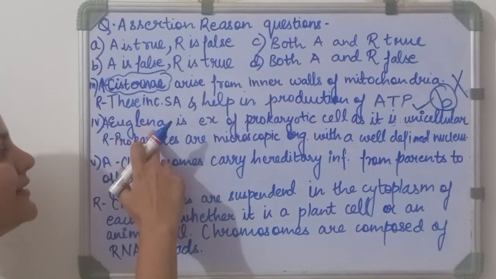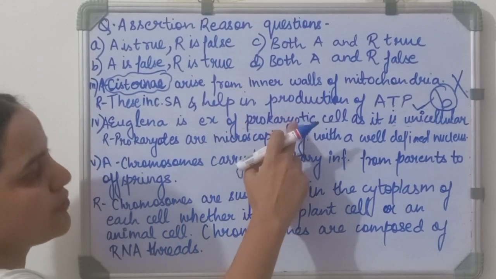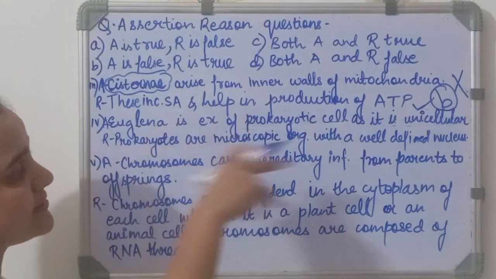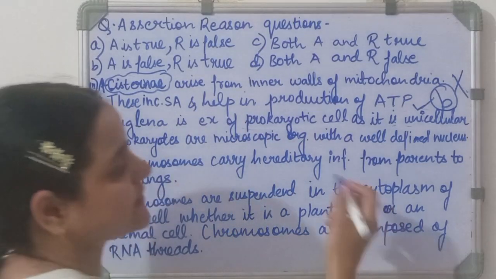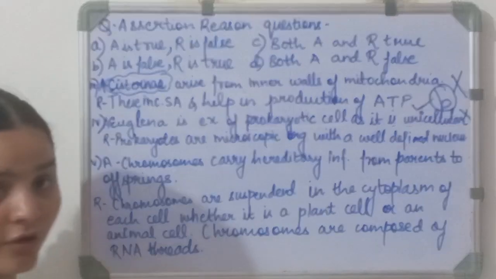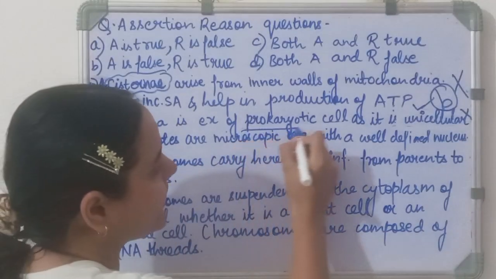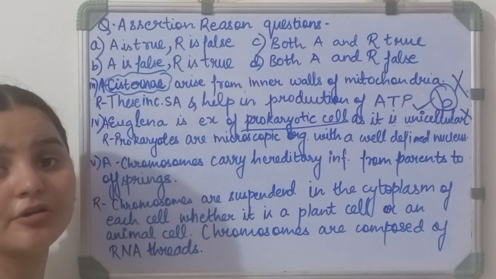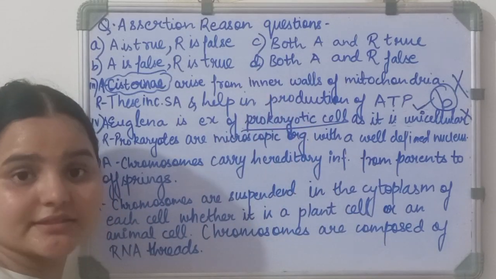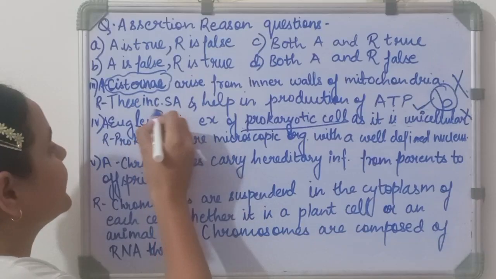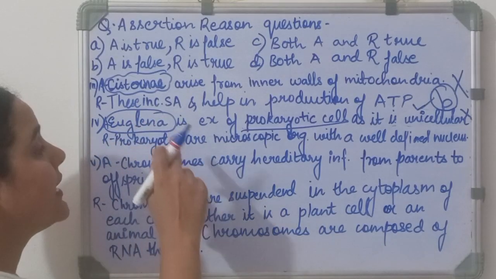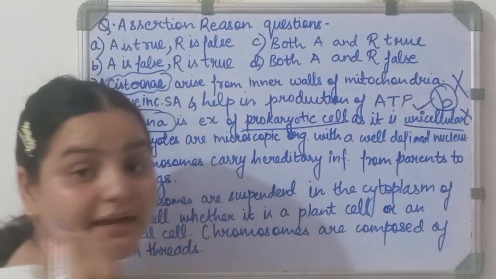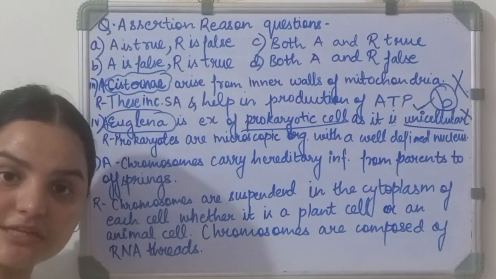Now, assertion: Euglena is an example of prokaryotic cell as it is unicellular. Is this assertion correct? No, it's incorrect. Why? Because Euglena is an example of eukaryotic cell. It is not a prokaryotic cell. In prokaryotic cells, our bacteria come. This Euglena belongs to kingdom Protista. Yes, it is unicellular, but it is a eukaryotic unicellular organism.